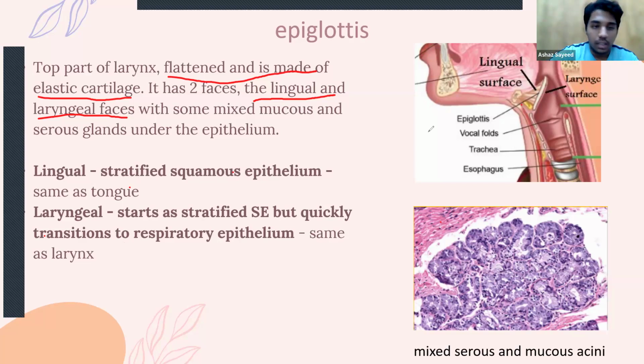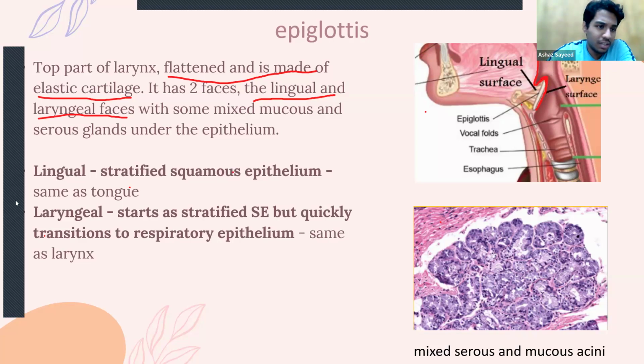I'll tell you how. Follow the cursor. This was the lingual surface. All of this, we are still at the stratified squamous epithelium. This is where the transition happens, and from here we are now entering into the respiratory epithelium. Mixed serous or mucus acini, so you're going to have some mucus and serous glands.